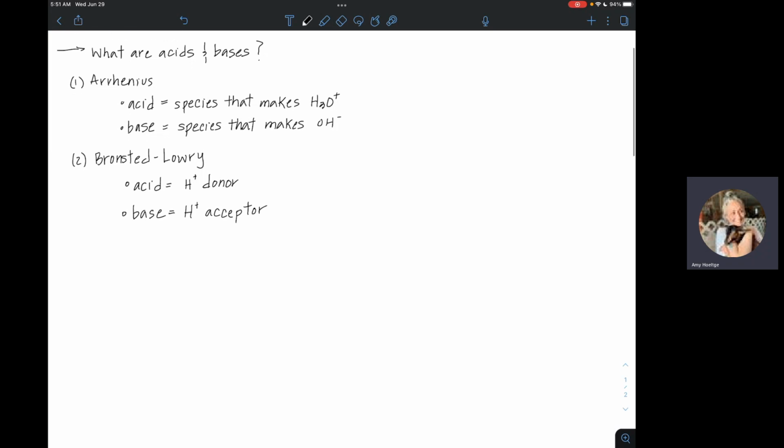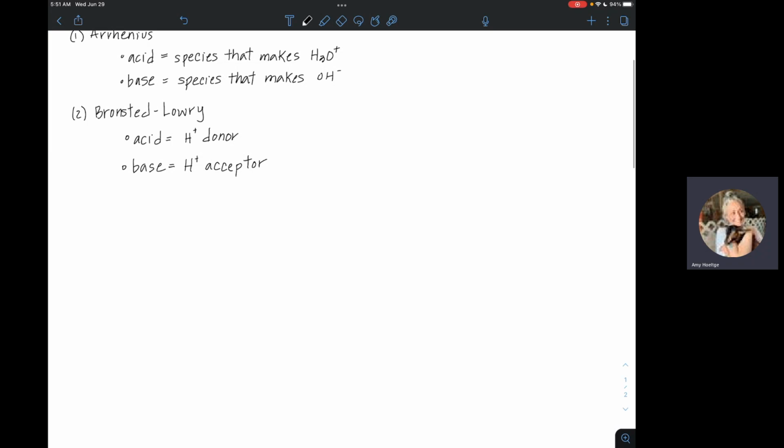All right, so let me give you a few examples here. For an acid, just a simple example, we have HCl. I'm going to leave off the physical properties just to keep it clean. We'll mix this up with some water. It will become what we call hydrochloric acid.